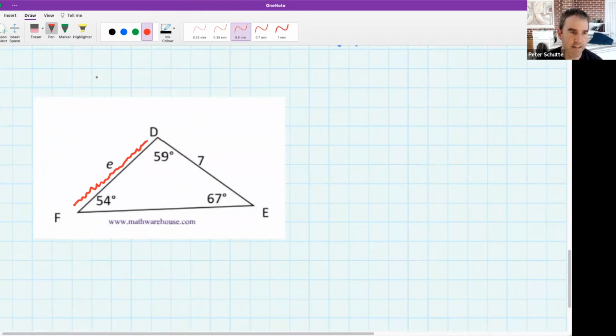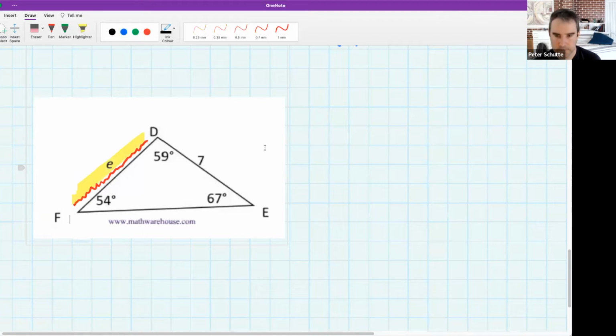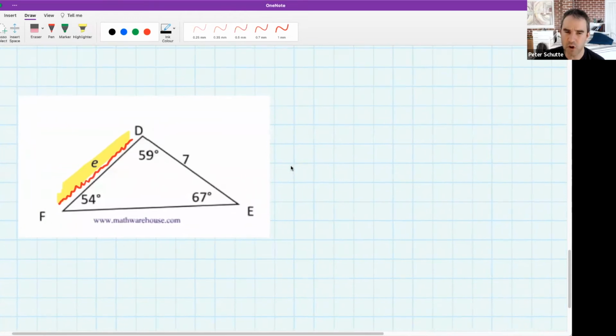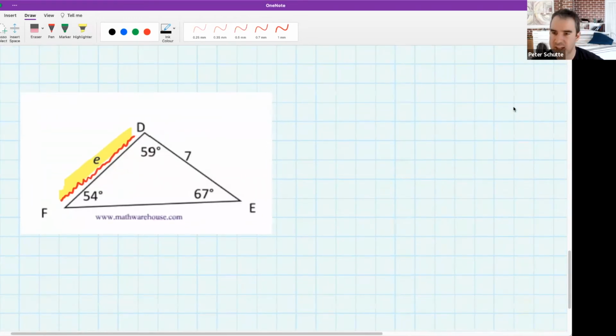So find me the length of side E. Over to you. Shine brightly. And for those students who want to have a conversation or ask a question, I'm going to encourage you to raise your hand now. And then we can have a bit of a chat.